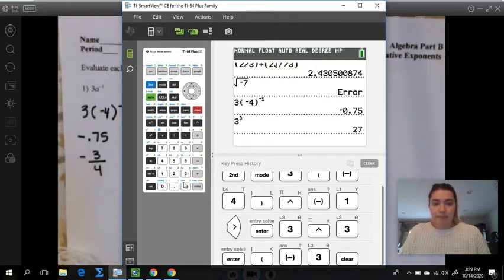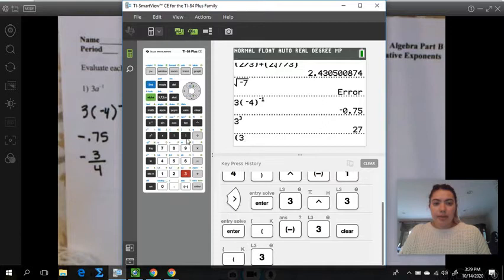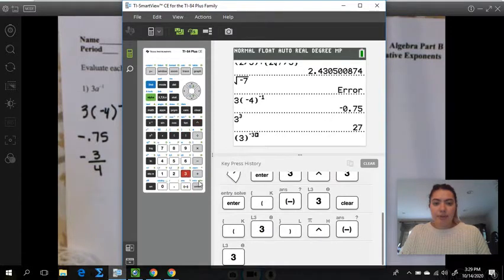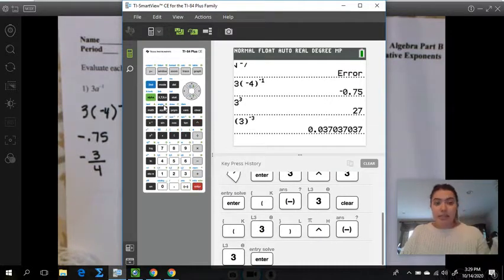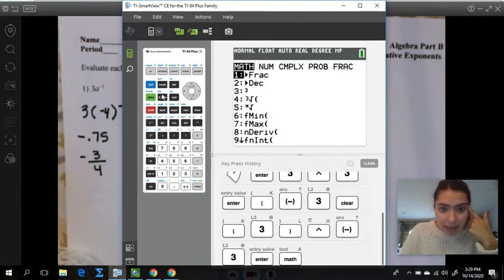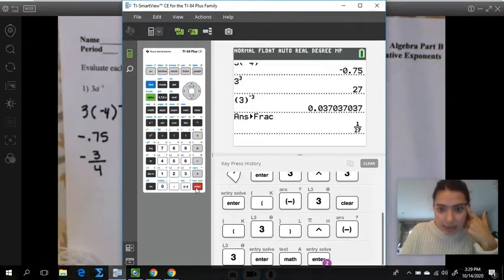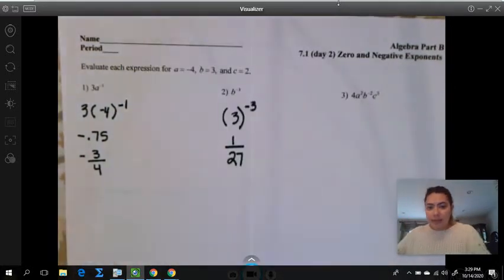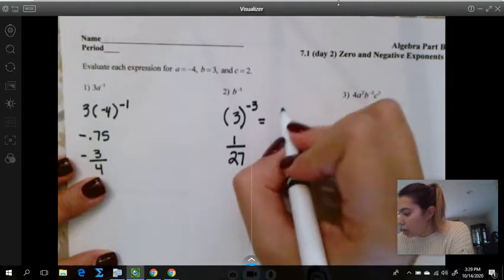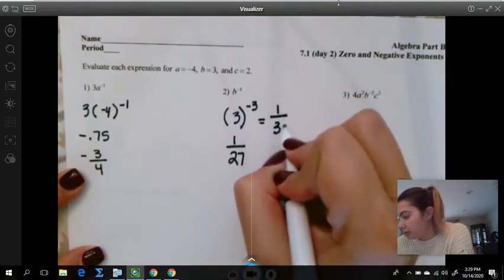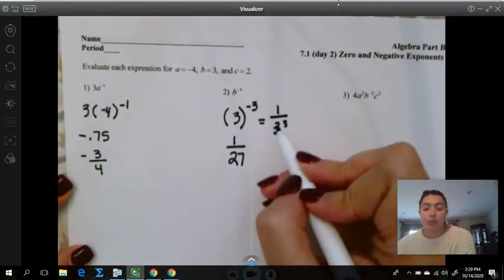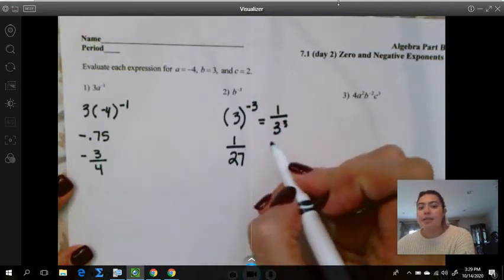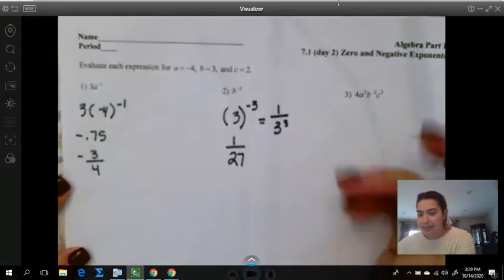Oops, not -3. 3 raised to the negative third power is this weird decimal. It's kind of long. So if we hit math and then fraction and enter, it is 1/27. So all we did here was move the exponent down to the denominator, and then 3 cubed is 27.